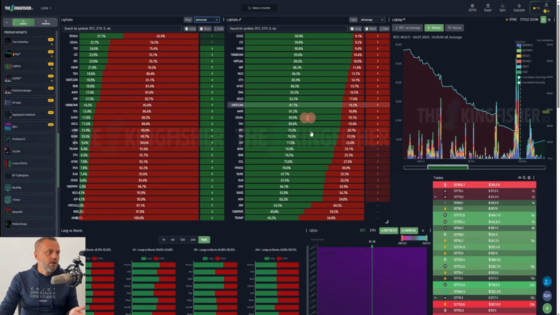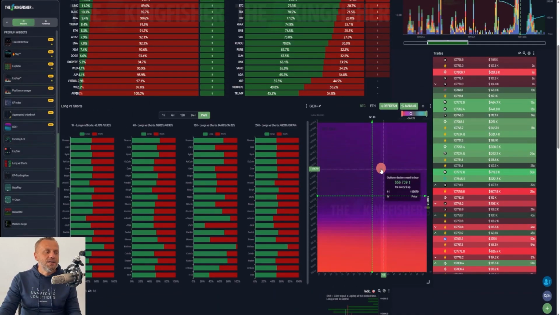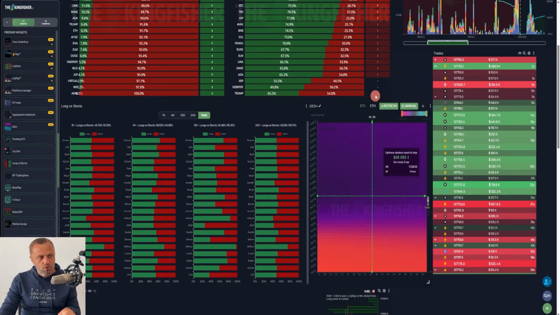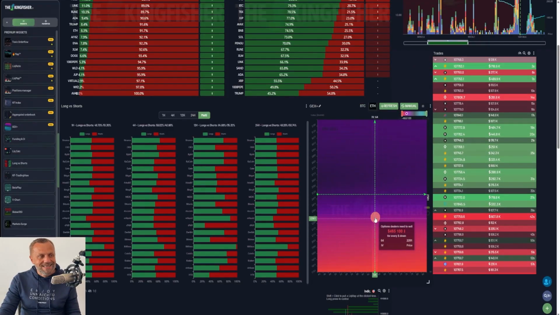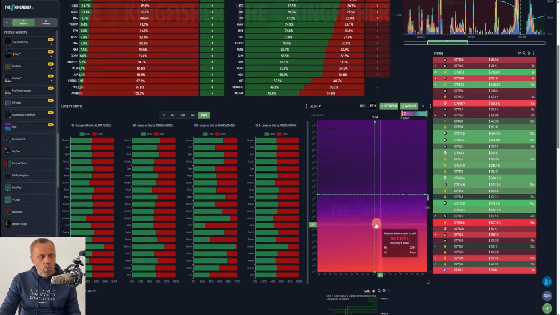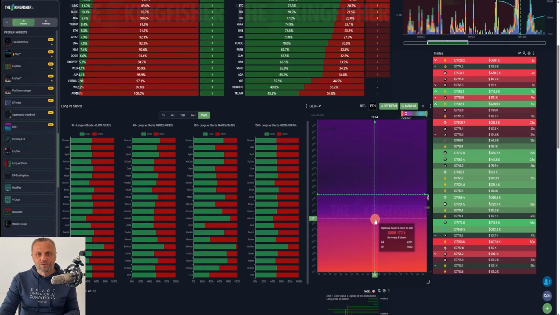That's it. And there's another tool I often use, which is the Hex chart. It analyzes the flow of options for Bitcoin and Ethereum. Here we switch to Ethereum, and it shows that if the price reaches the red zone, the dealers who sell options will support the price movement in this case.